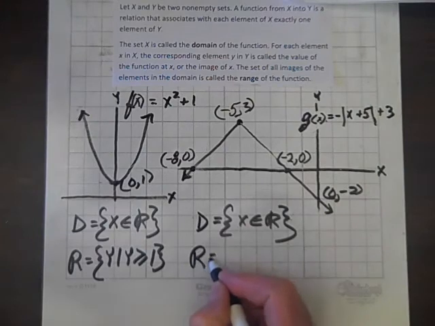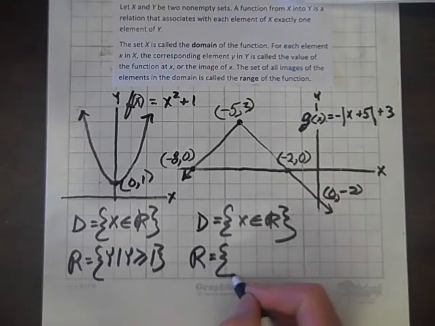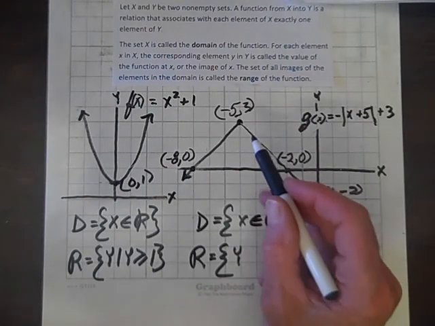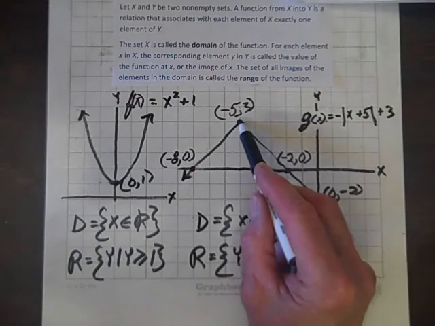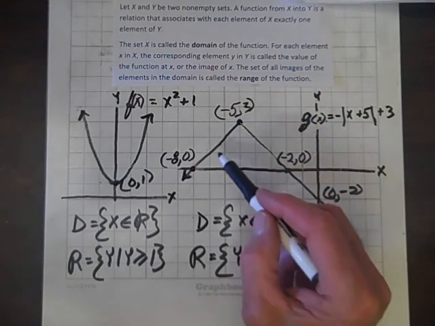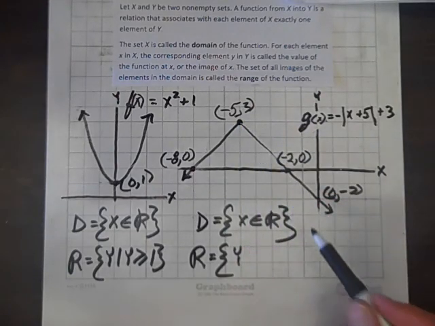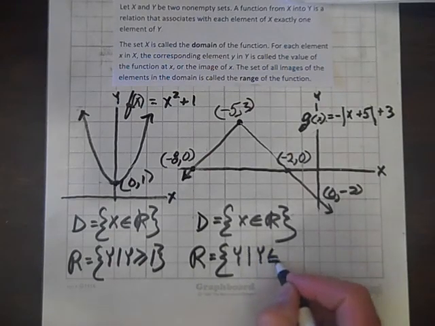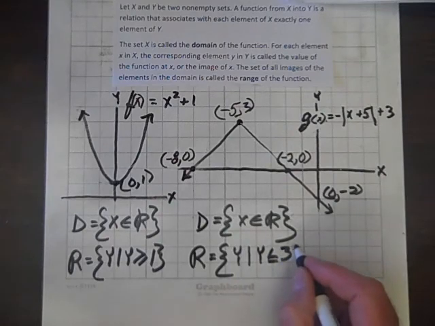As to the range, that equals y such that the maximum y value associated with this graph is 3. All other y values are less than 3. So the range is the set y such that y is less than or equal to 3.